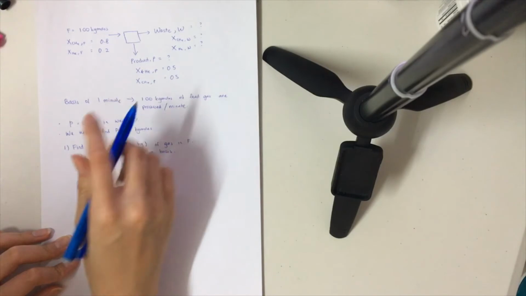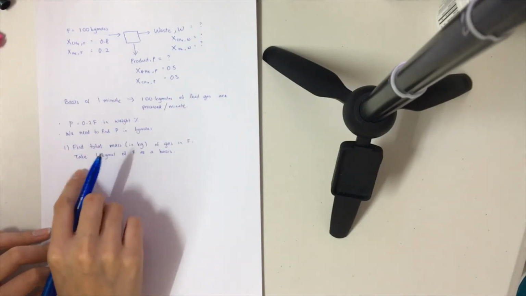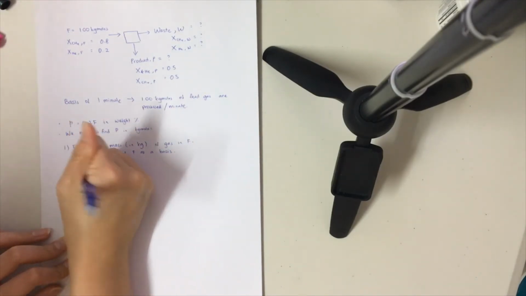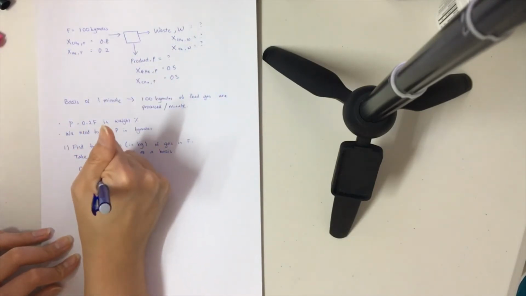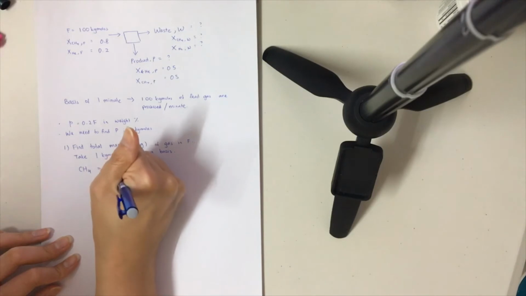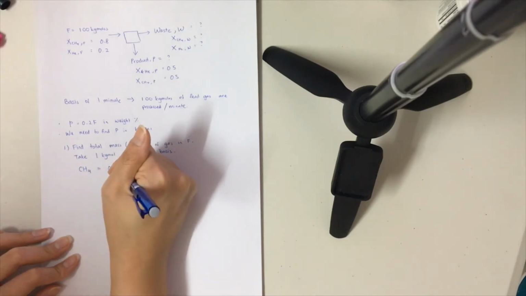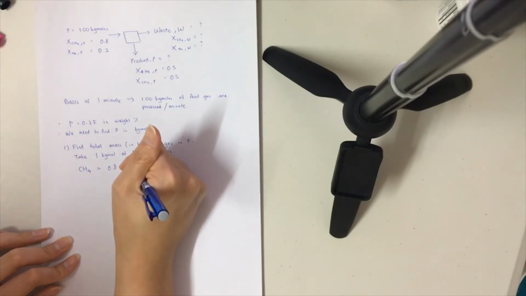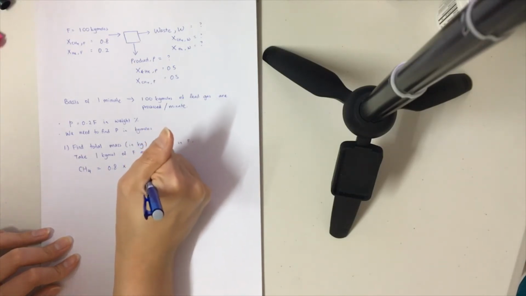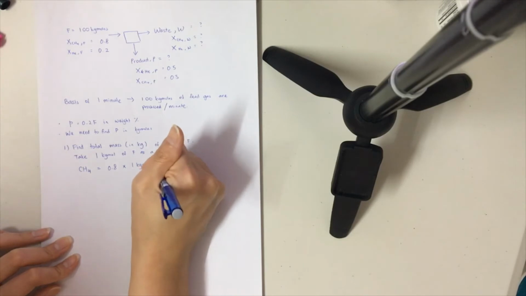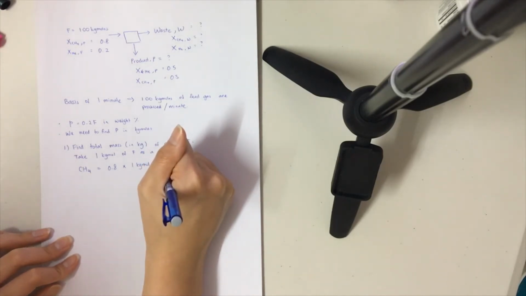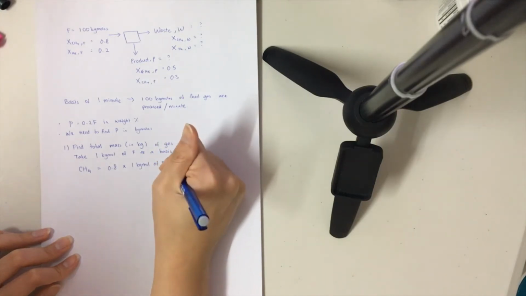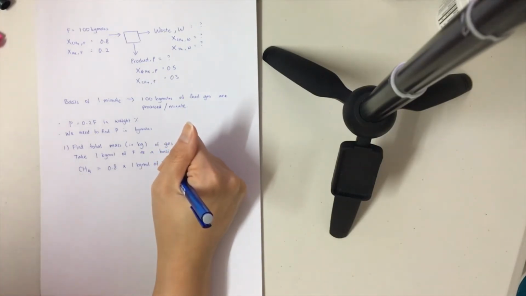So we shall find it based on the composition here. For CH4, there's 80% of CH4 in F, multiplied by 1 kilomole of F. Then we have to convert.